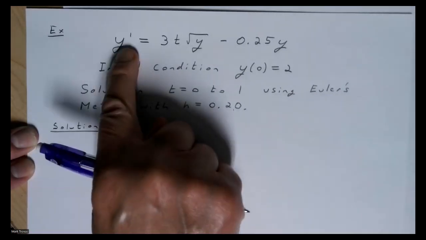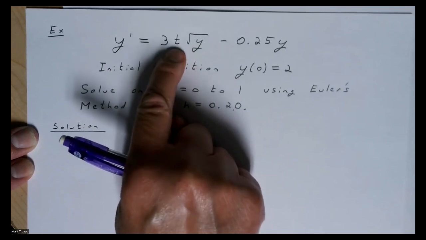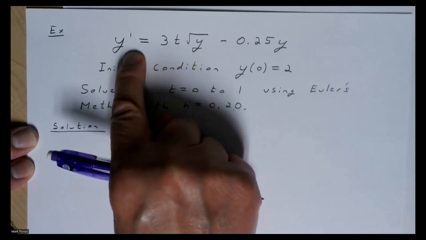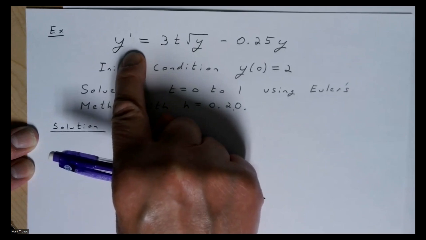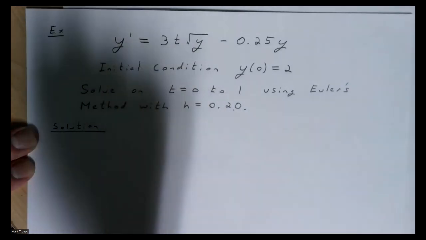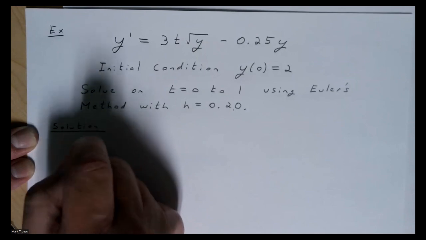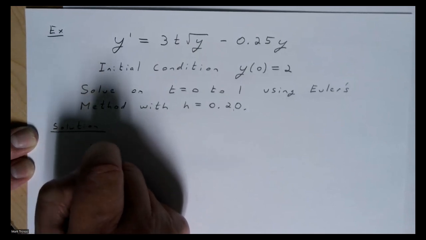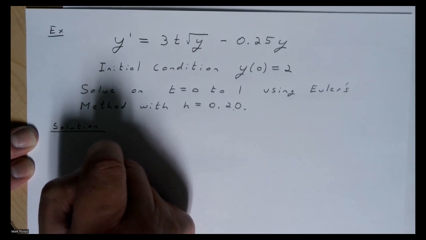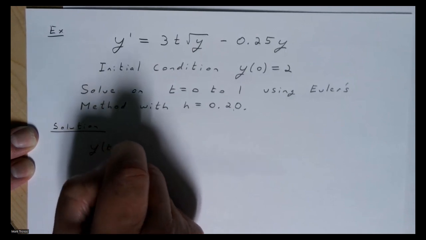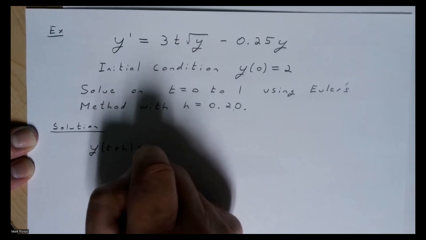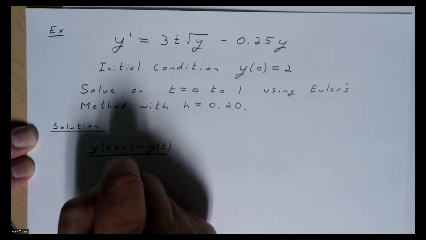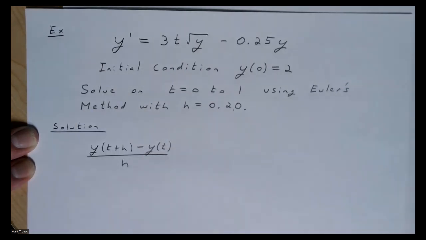So obviously from the context, the independent variable is t, so this is going to be dy/dt. But again, we're going to replace dy/dt with y(t plus h) minus y(t), divided by h.